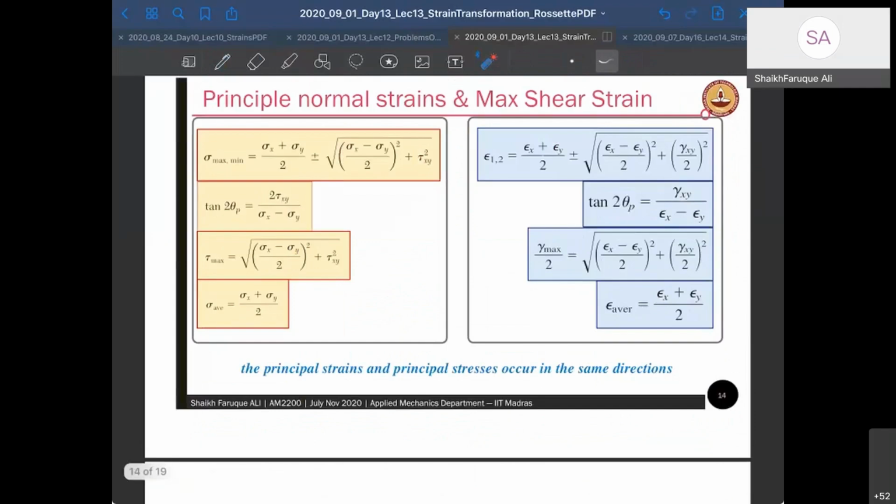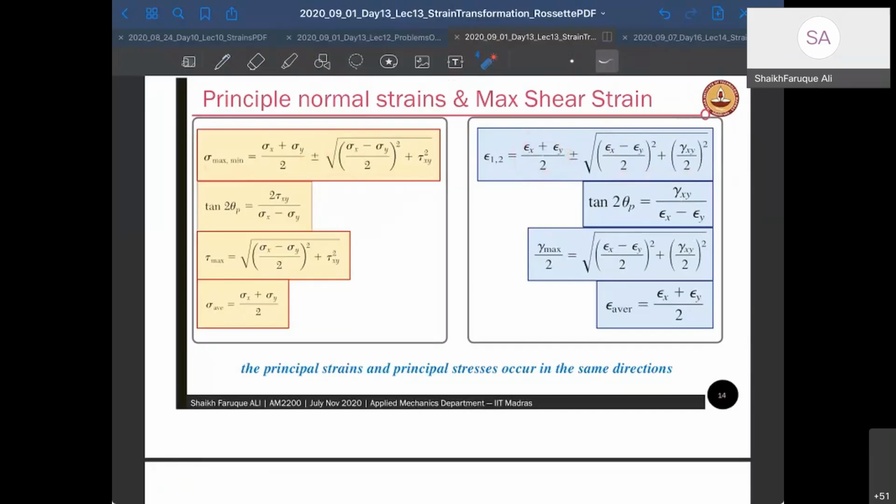And therefore we can find the maximum normal strains and the planes, and maximum shear strain, based on the same formula that we found for stresses. Remember, for stresses, sigma max and sigma min is given by sigma x plus sigma y by 2 plus or minus the radius. So this was the center plus or minus the radius. Here also, this is the center plus or minus the radius.